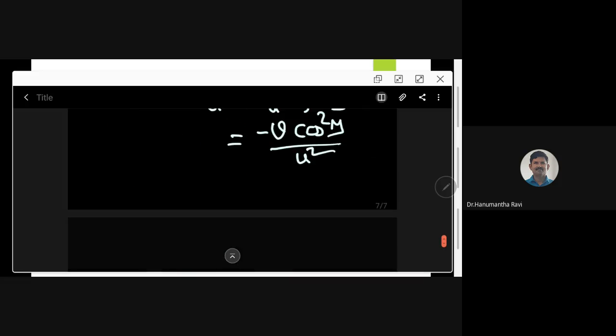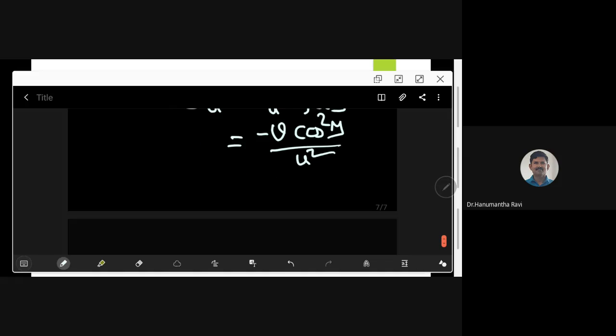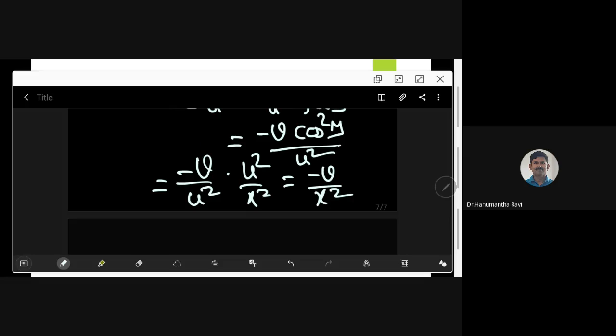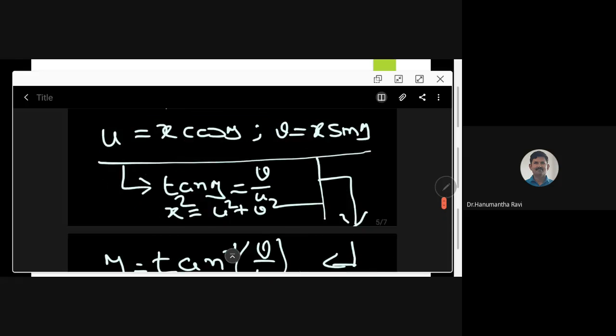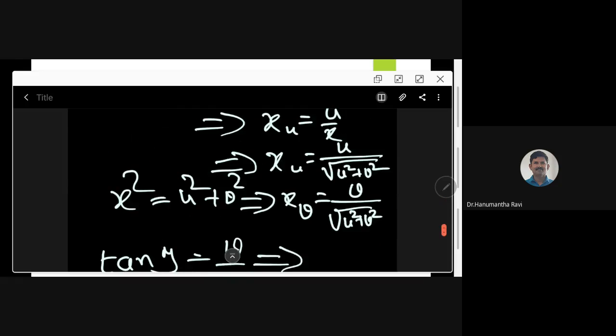So I can write this as minus v by u square into u square by x square. That is equal to minus v by x square. But what is x square? X square is u square plus v square.